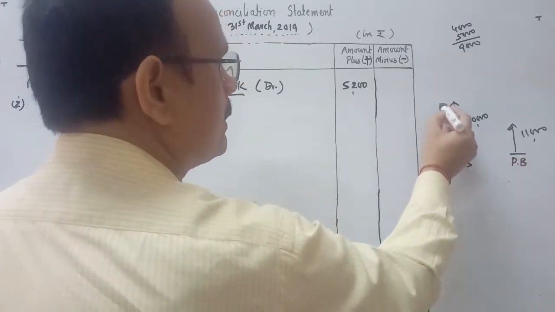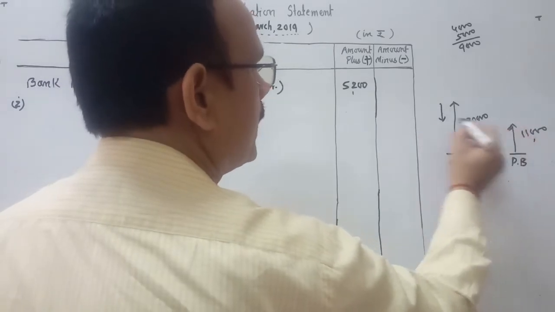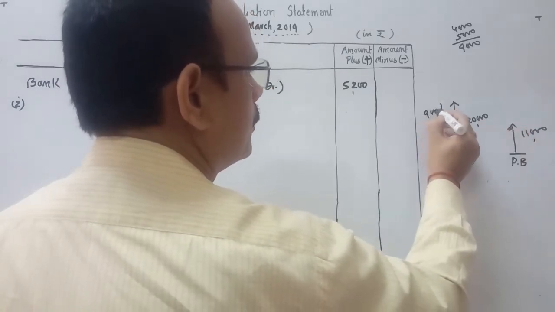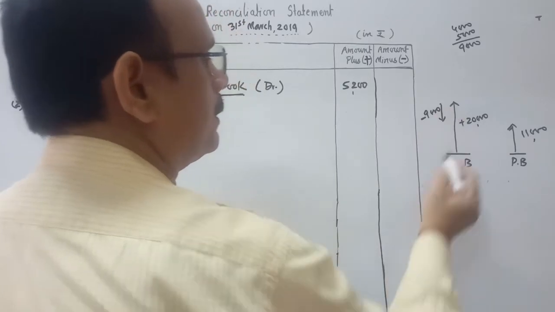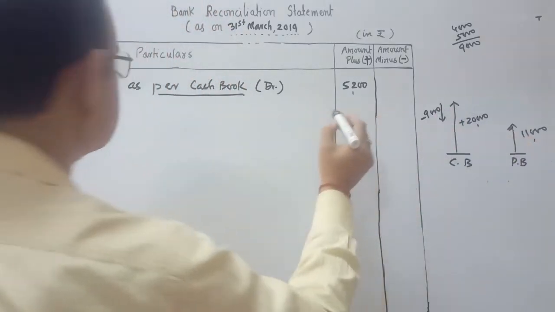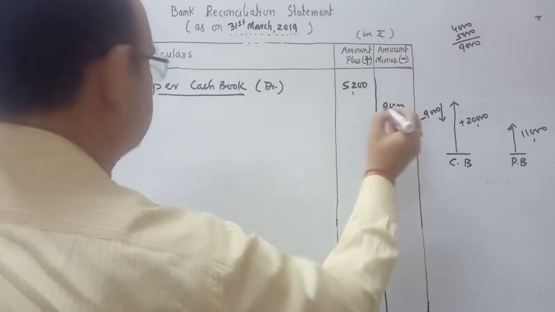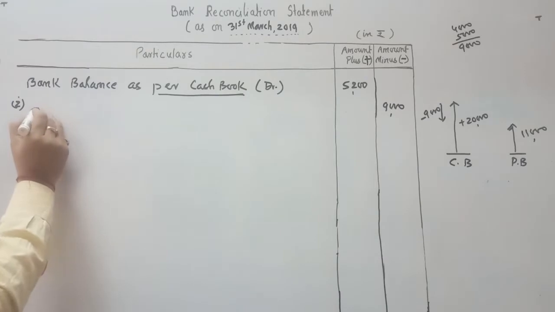So we will deduct 9,000. 20 minus 9 is 11, so this will be equal to that. So 9,000 we will write in the minus side.